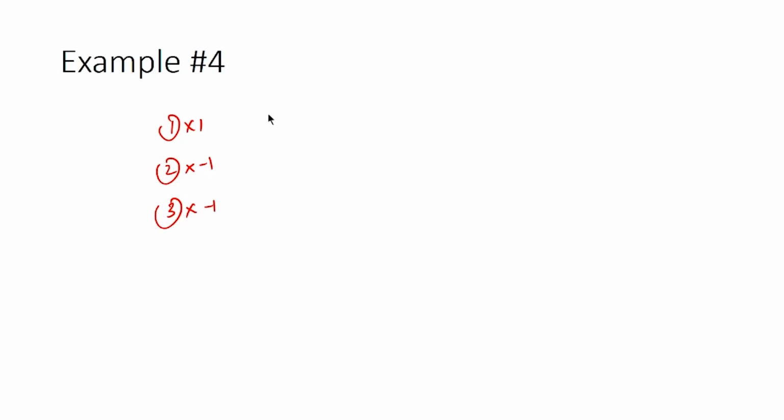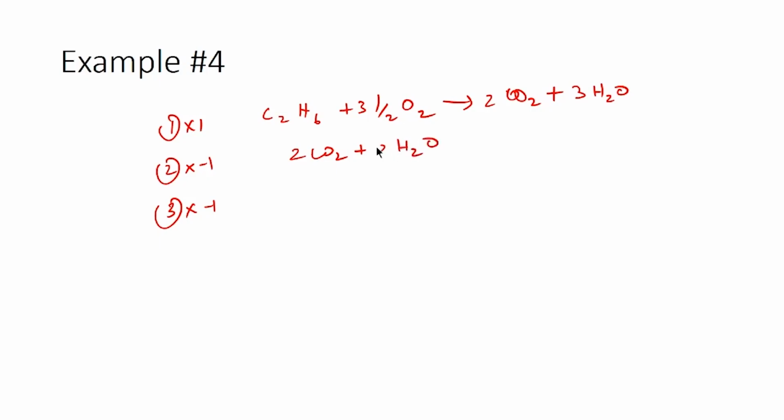We get C2H6 plus 3.5 O2 gives 2 CO2 plus 3 H2O, and the next equation would be 2 CO2 plus 2 H2O gives C2H4 plus 3 O2. This is basically the reverse of the second reaction, and similarly the reverse of the other reaction would be H2O gives H2 plus half O2.